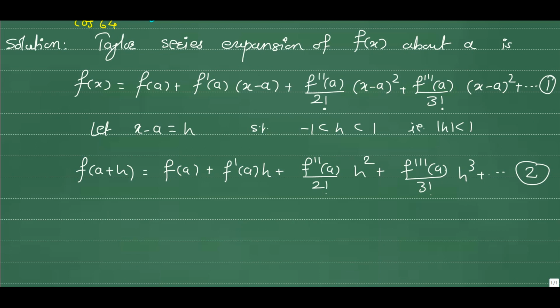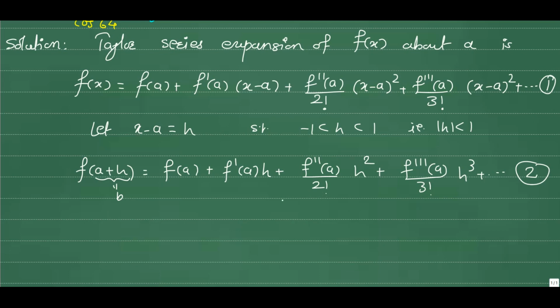When will that happen? Only if mod of h is less than 1. Therefore, if b is in the h neighborhood of a, in the sense that the distance between b and a should be less than 1, in that case we can use this Taylor series expansion to evaluate f at point b.